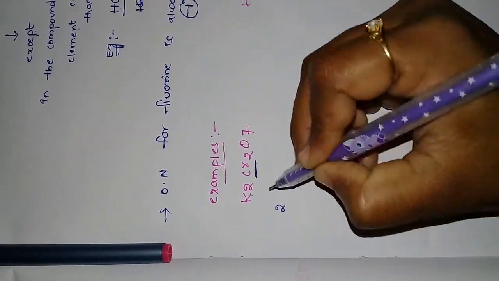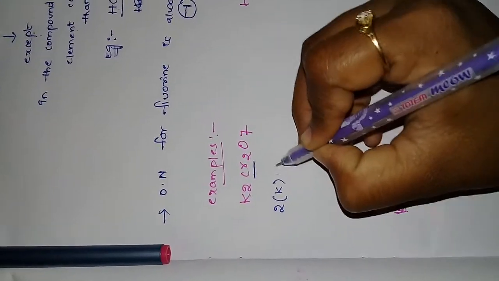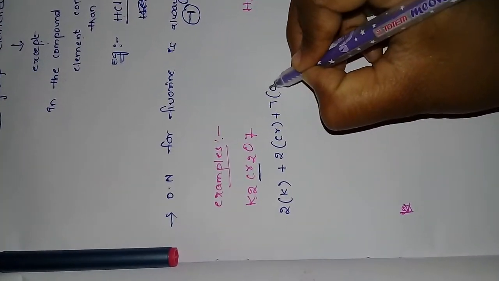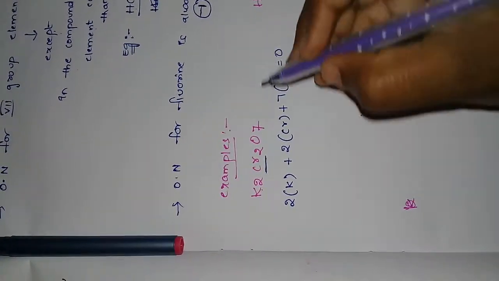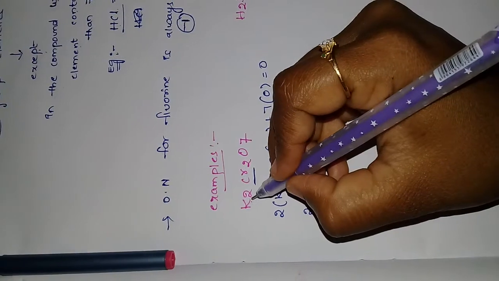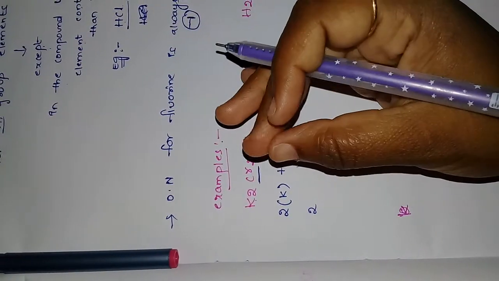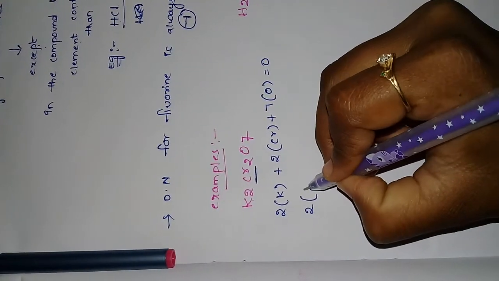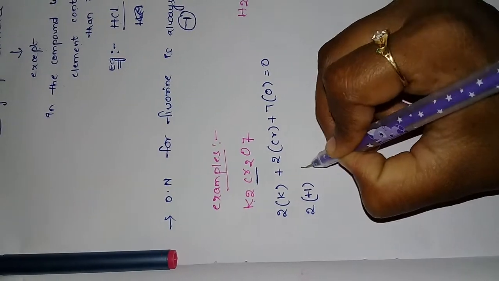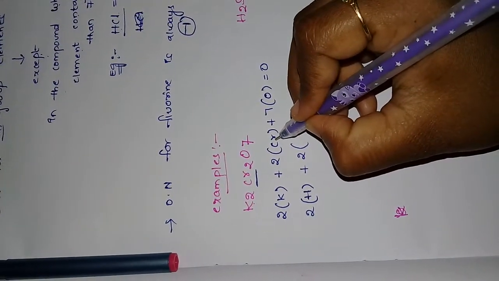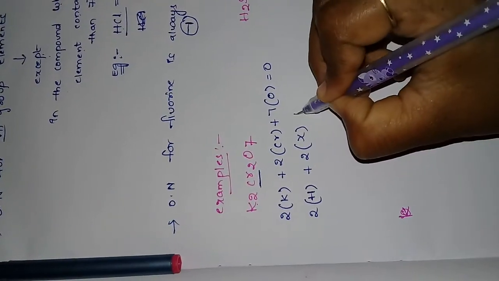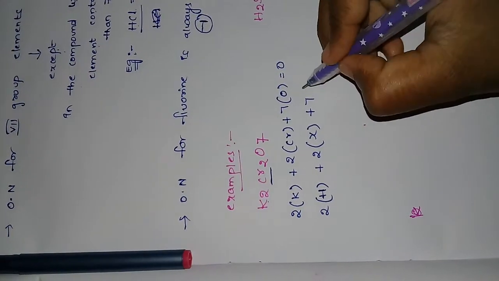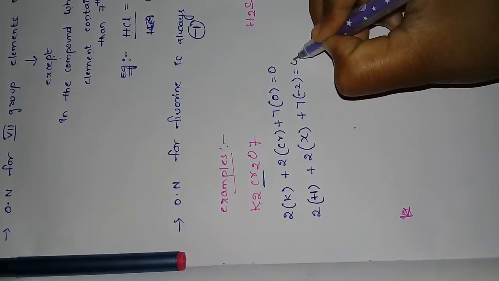So we can write like this. First, 2 into K plus 2 into chromium plus 7 into oxygen is equal to no charge, which means equal to 0. Potassium belongs to first group, like hydrogen, lithium, sodium, potassium, so the potassium charge is +1. Plus 2 into X, since we find the oxidation number for chromium, and 7 into oxidation number for oxygen, which is always -2, is equal to 0.